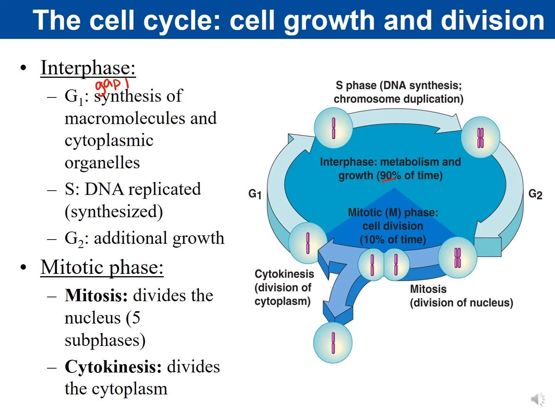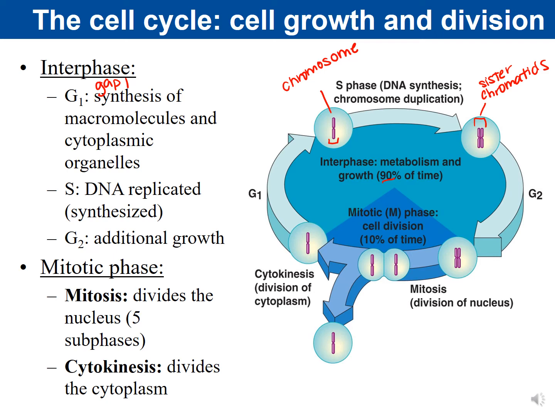So what you're looking at is a chromosome. And during S phase, that chromosome is going to duplicate and it's going to give rise to what are called sister chromatids. And sister chromatids are exact copies of one another.